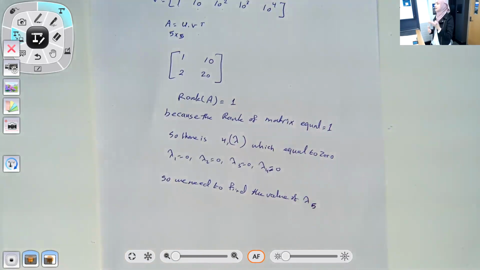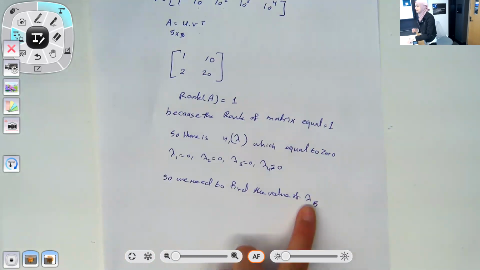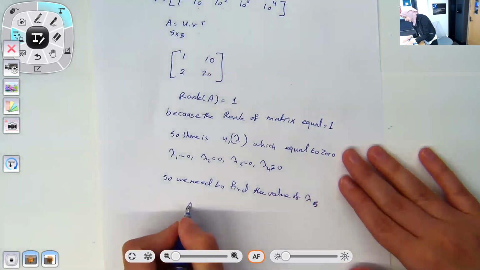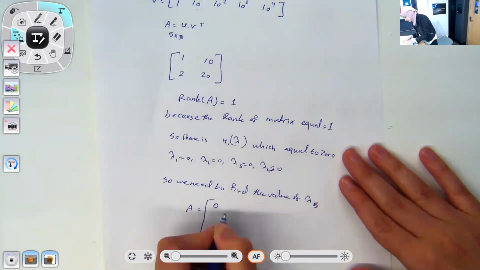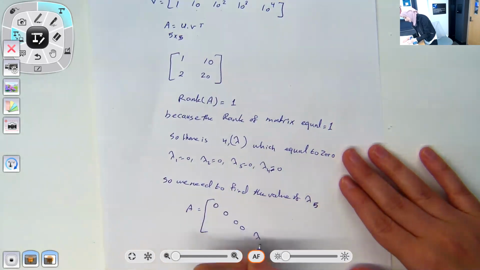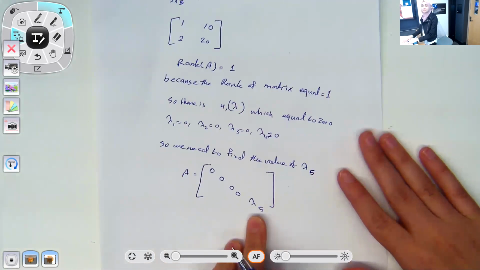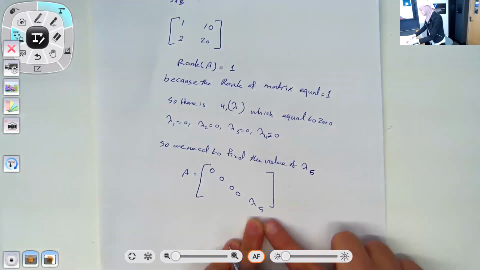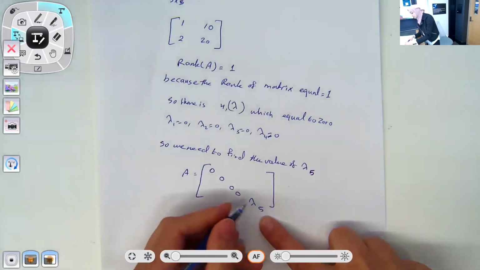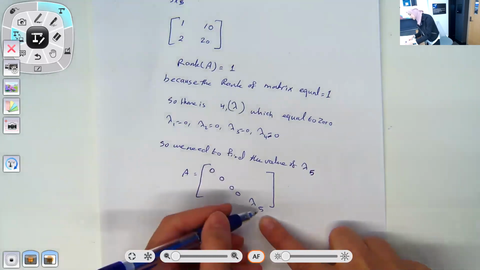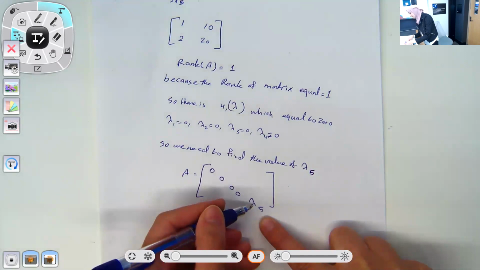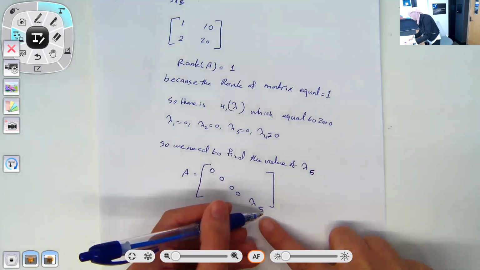We have 4 lambdas equal to 0, and we have lambda 5. In matrix A, we have 0, 0, 0, 0, and lambda 5. To find the value of lambda 5, we need to use the trace of the matrix. We need to add these together to find the value of lambda 5.